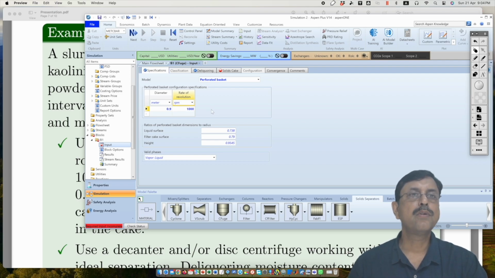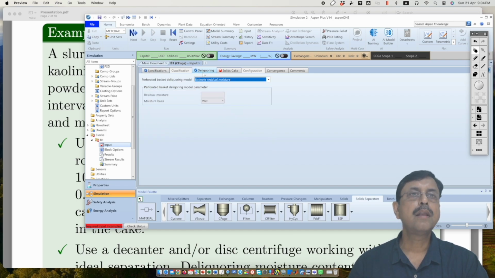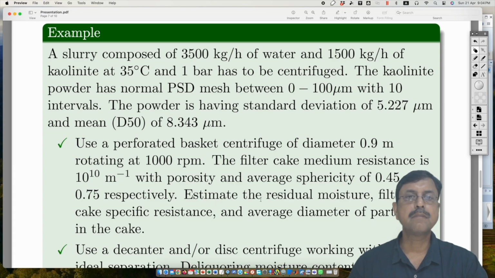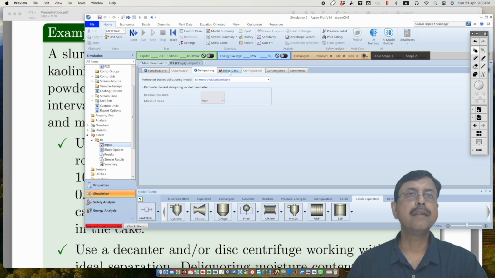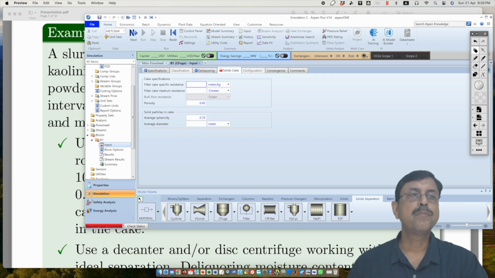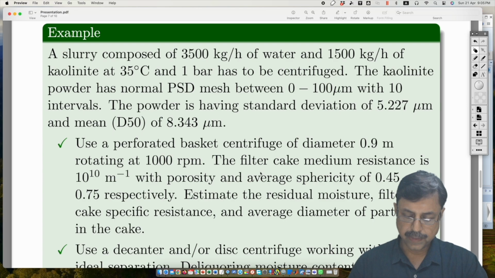It is not in design mode, so we'll keep it like this. The ratios, we leave as they are because we do not want to disturb that. Deliquoring model: estimate residual moisture or specify residual moisture. Now, I think they have asked us to estimate the residual moisture. Fine. So, we'll not specify anything. Solid cake: we have to provide the filter cake medium resistance, which is 10 to the power 10 per meter.